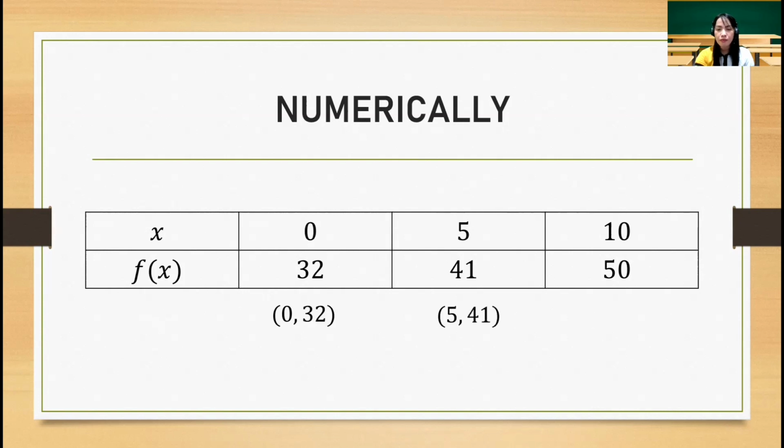So we have (5, 41). And for the third given value of x, which is 10, you can get the value of f(x) by using the equation. You can have there 50. So you can have (10, 50). So we have 3 ordered pairs here, (0, 32), (5, 41), and (10, 50). So you can write the function like that.